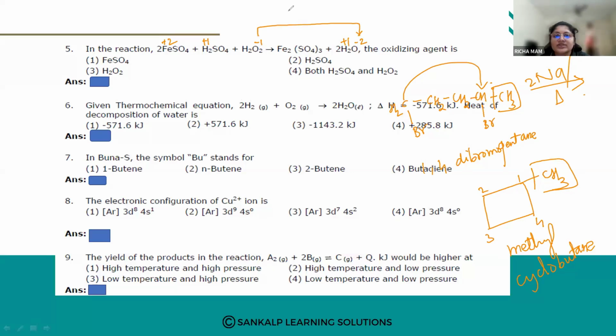Hydrogen peroxide, H2O2, is a strong oxidant in both acidic as well as alkaline medium. Here ferrous, Fe plus 2, has been oxidized to ferric, Fe plus 3, and H2O2 is reduced to H2O.